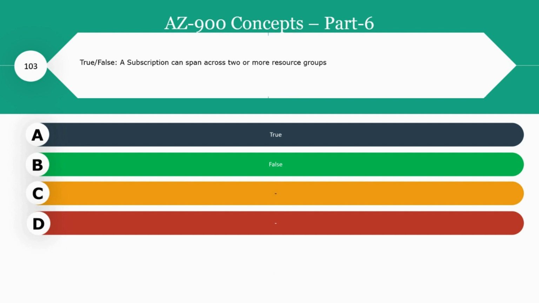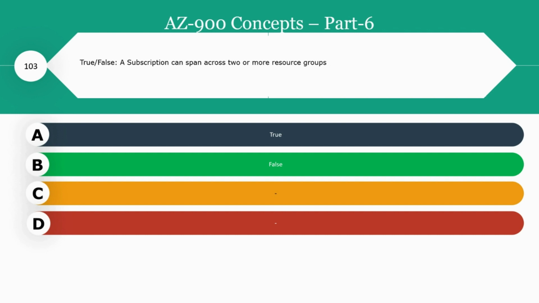Next question, true or false? A subscription can span across two or more resource groups. Option A true, option B false. Well, a subscription can have one or more resource groups. While creating a resource group, you need to provide which subscription the resource group belongs to.